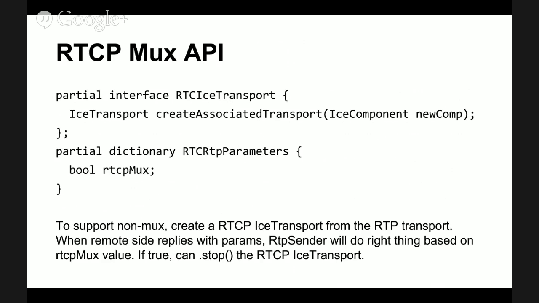If the other side reports back and says they want to do RTCP MUX, then the sender will be configured to start exchanging multiplexed RTCP, and you can throw away your RTCP ICE transport. If you decide not to MUX, then the sender will use the associated ICE transport to send its RTCP, and from then on, it acts like any other ICE transport. And that's it.